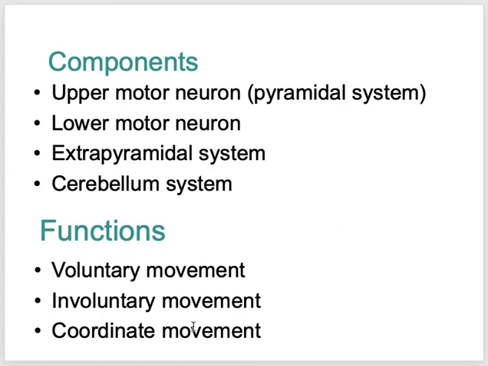Okay, so now basically, what is corticobulbar? Starting from the cortex and finishing in the brainstem, whereas corticospinal is starting from the cortex and going all the way to the spinal cord. Basically, these two tracts are involved in controlling all the motor function of the body.